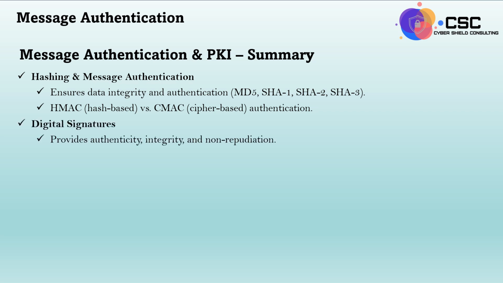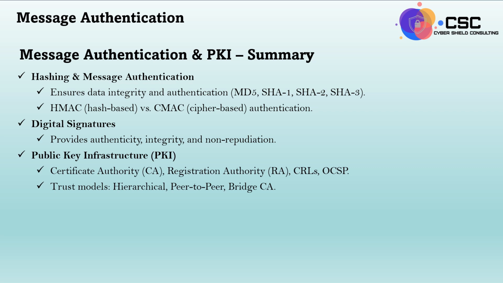Next, we looked at digital signatures, which combine hashing and asymmetric encryption to authenticate messages and ensure non-repudiation. We then explored the public key infrastructure, the framework that manages digital certificates and encryption keys. Certificate authorities, registration authorities, CRLs, and OCSP help establish trust in a digital environment.